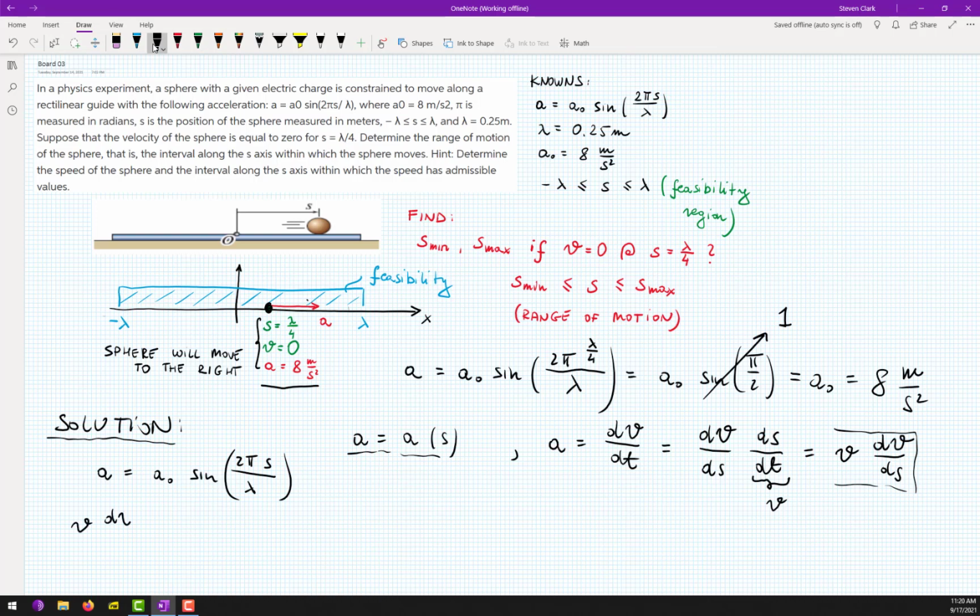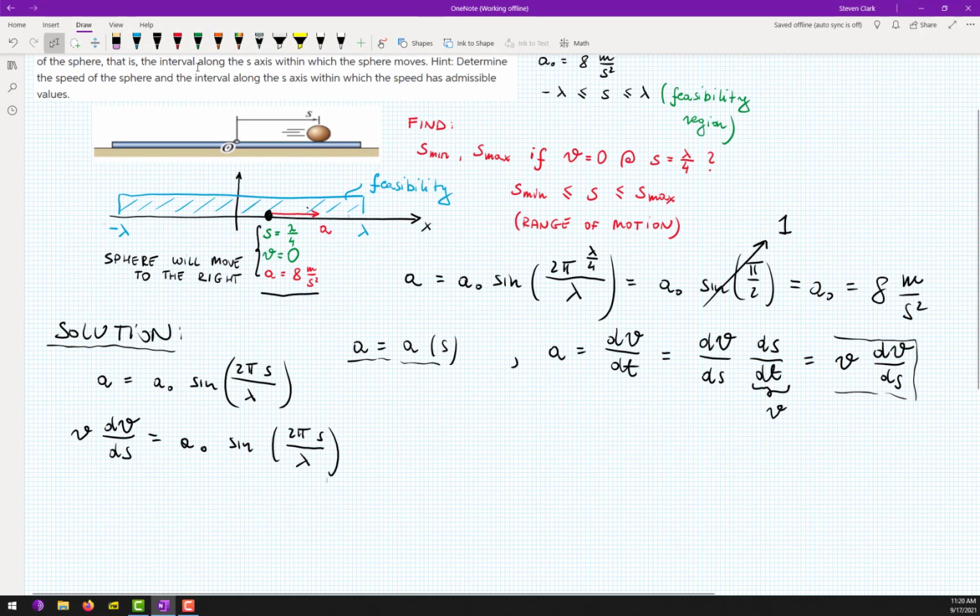v dv ds is equal to A0 sine 2 pi s divided by lambda. What's the next step? Everything with v on one side, everything with s on the other side. So this would be v dv equal to A0 sine 2 pi s divided by lambda ds.